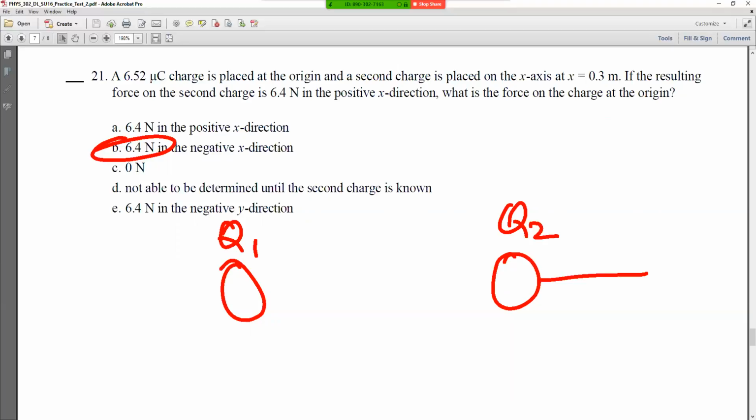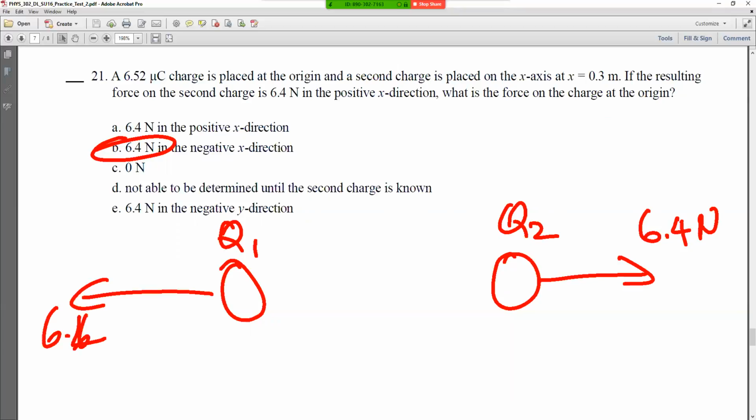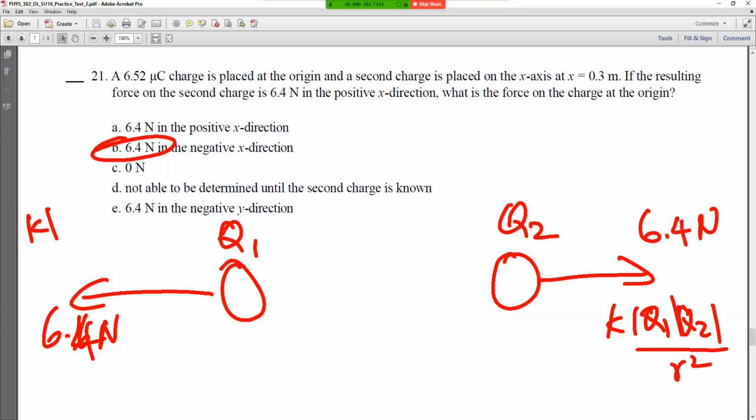So if this charge exerts a force of 6.4 newtons this way, how much force will this charge experience? The same force in the opposite direction, right? Remember, the force is equal to K times Q1, Q2 over R squared. And this force is also K times Q1, Q2 over R squared. The same numbers. So you're going to have the same value, but in the opposite direction.